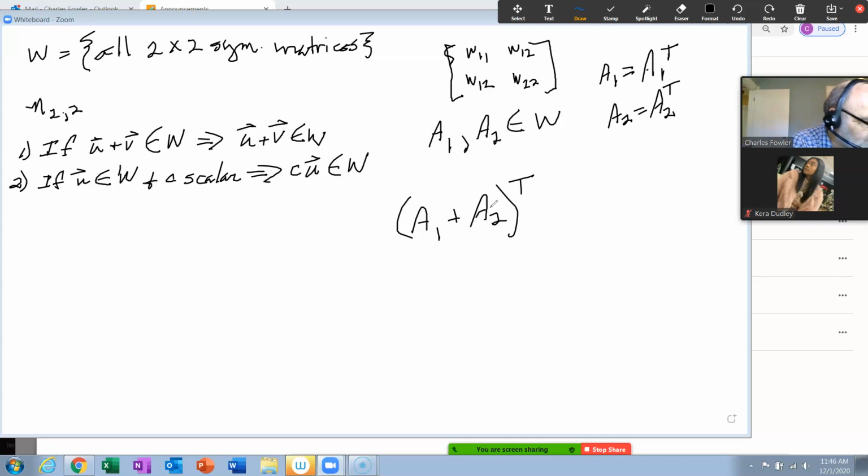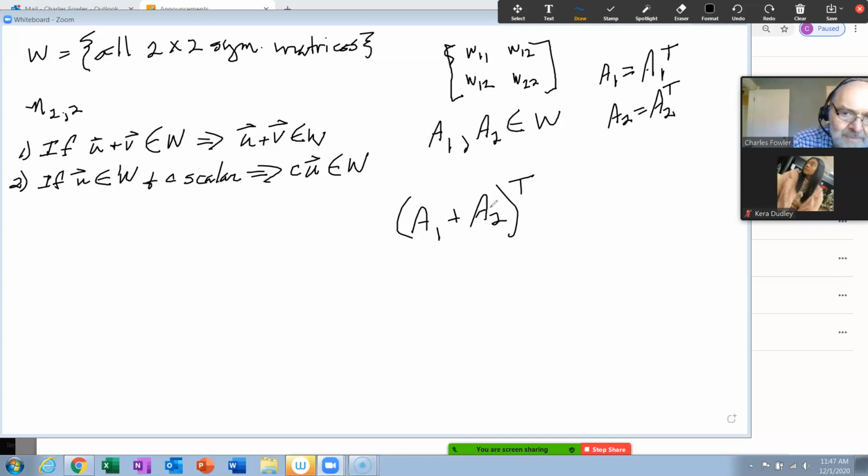I should have just looked it up in the index. That would have been faster. Transpose of a matrix, way back in 2.2.